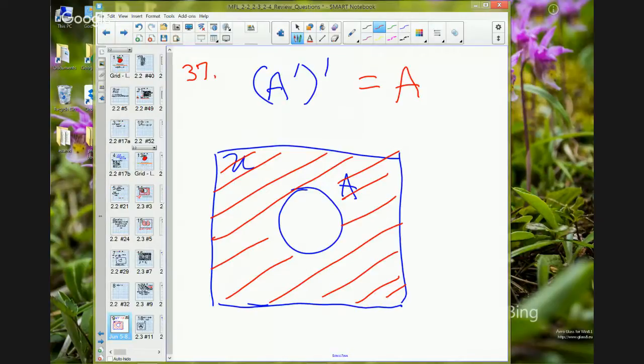Well, what's outside of the red shading? So in other words, when you do a complement of itself, you just reversed your action and went right back. Kind of like a double negative. Yeah, it's very similar to that. Thank you. Welcome. Other questions on 2.2? These are all good. Thank you.